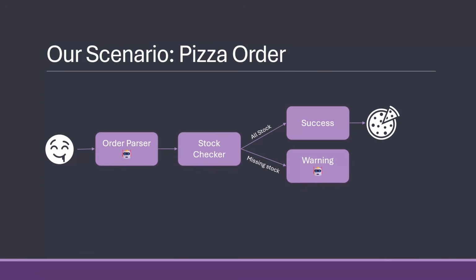But essentially, it's just a hard-coded thing where some stock can be missing, and if it's missing, it should make a warning where we use an AI to generate some kind of message back to the user, and ask if they want some replacement of some of the stock. And if all stock is there, we of course have success, and we can make the pizza.